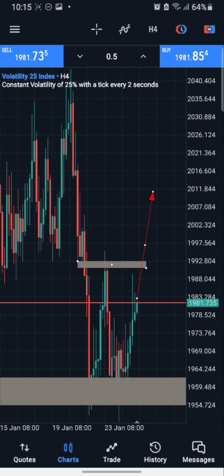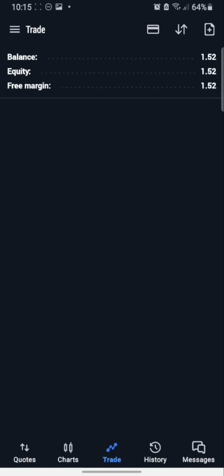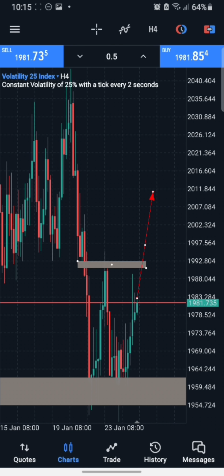So using my 52 cents account, I'm going to enter the market again and see if I can make a profit. Kindly note that with a small account like this one, you have to consider putting small lot sizes, or even at least one. And first you have to confirm whether the market is not that volatile.